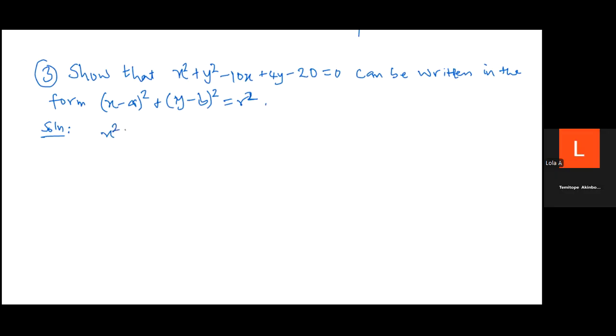x squared plus y squared minus 10x plus 4y minus 20 equals 0.